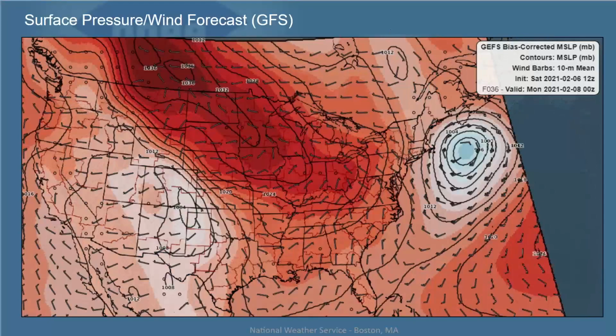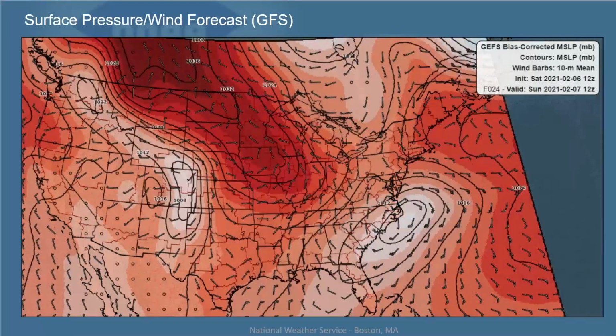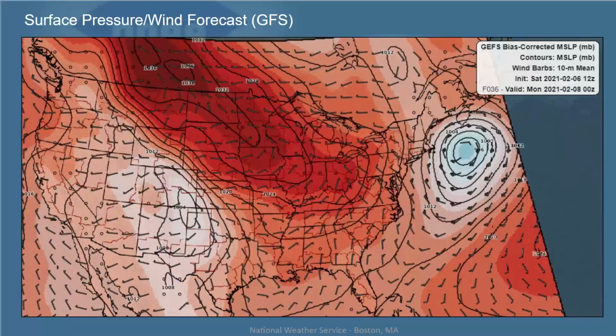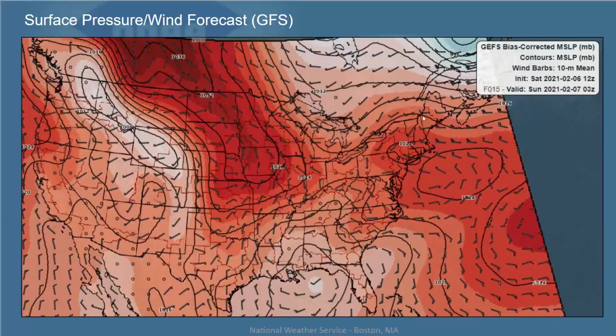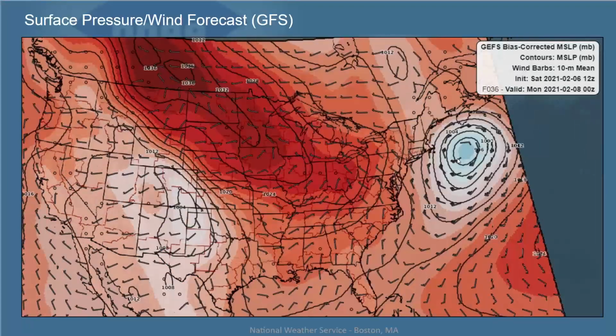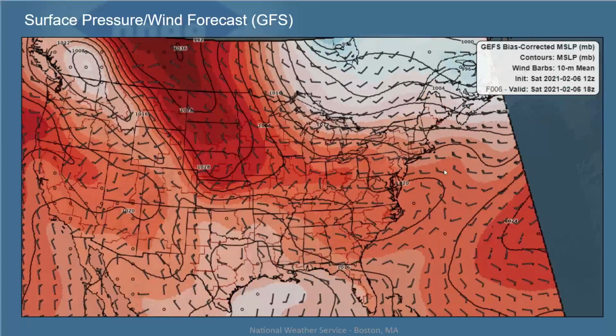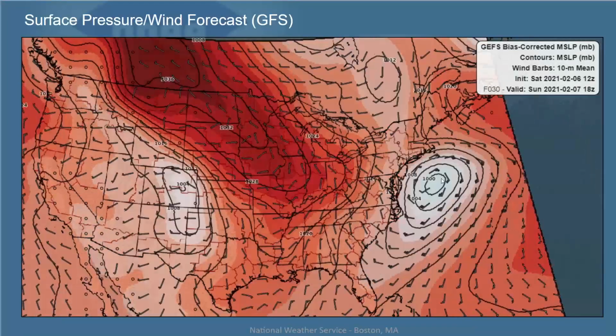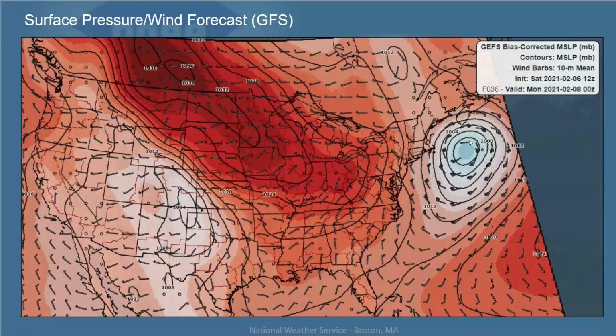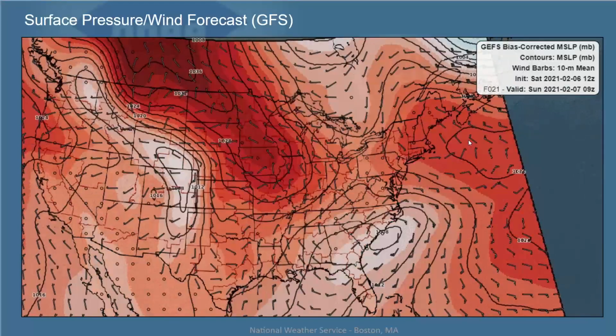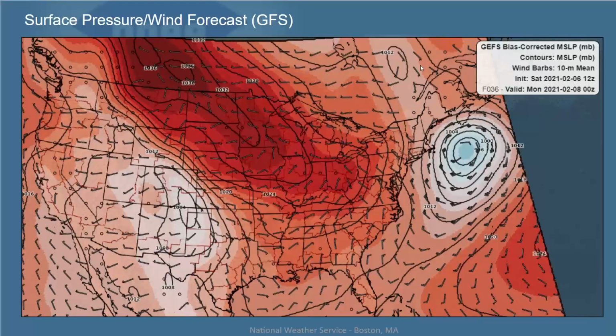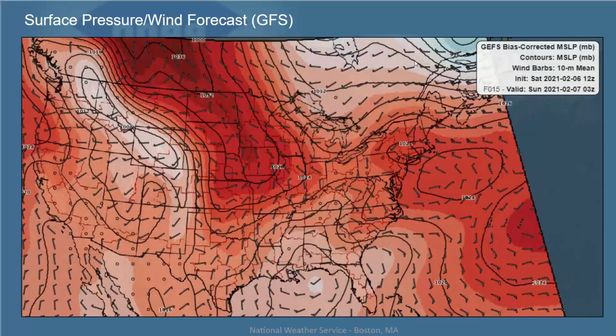Here is a look at the actual surface low pressure system, emerging off the Carolina coast and tracking well east of the Cape and Islands. We'll talk about that in the next slide or two. A real good setup for a snowstorm along the Boston to Providence corridor.